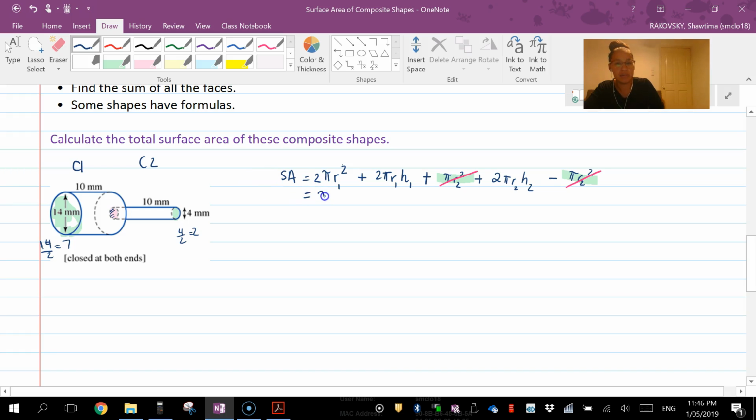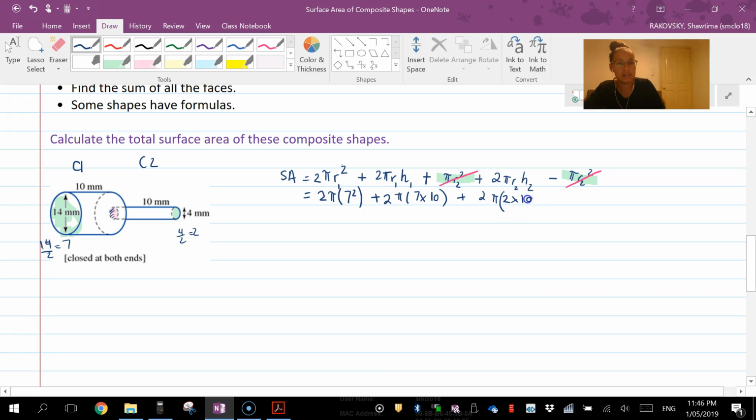So it equals 2 pi, the radius for cylinder 1 is 7, squared, plus 2 pi times 7 times 10, and then plus 2 pi, the radius for my second cylinder is 2, times 10.